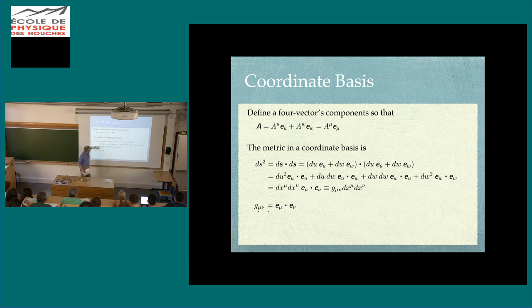I'm going to define the metric tensor to be that set of dot products of the basis vectors. And so the metric tensor is linking these arbitrary coordinates with the coordinate system independent number that represents the distance between the points in the space-time.